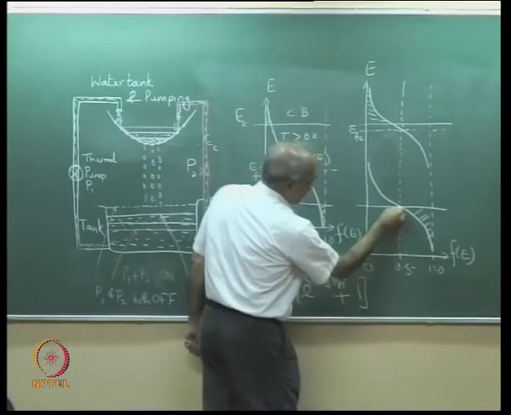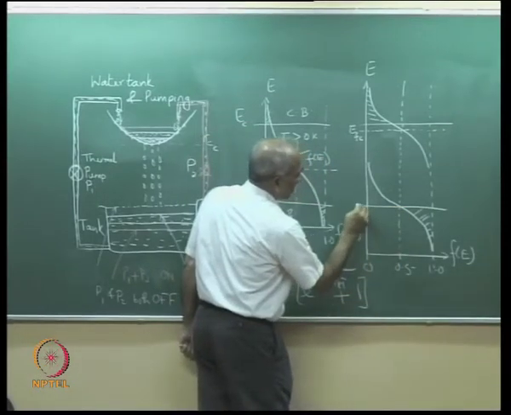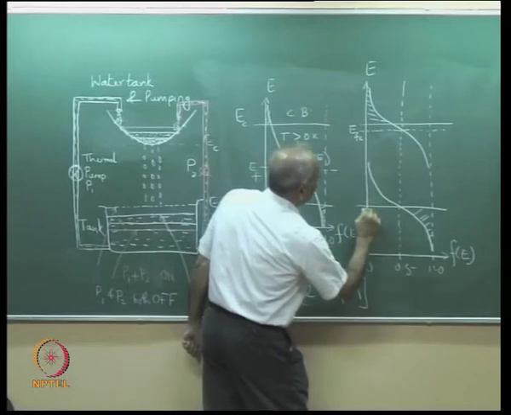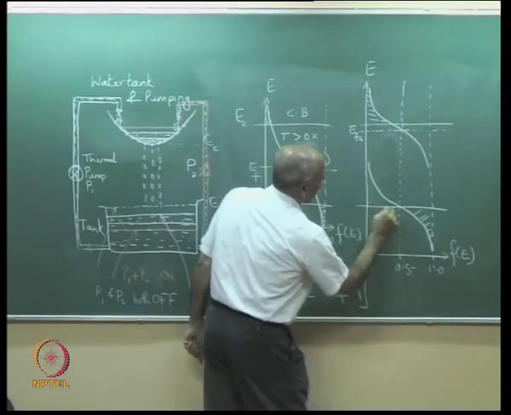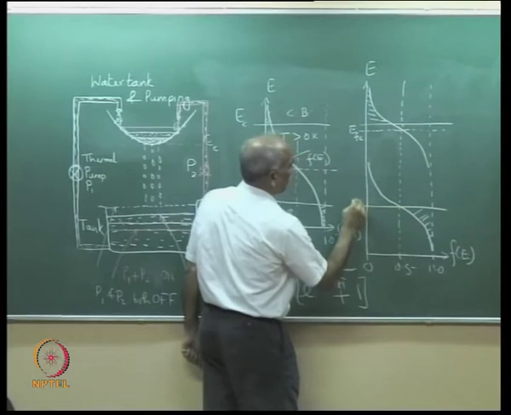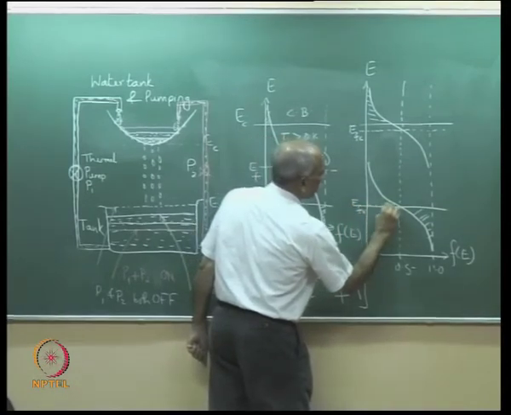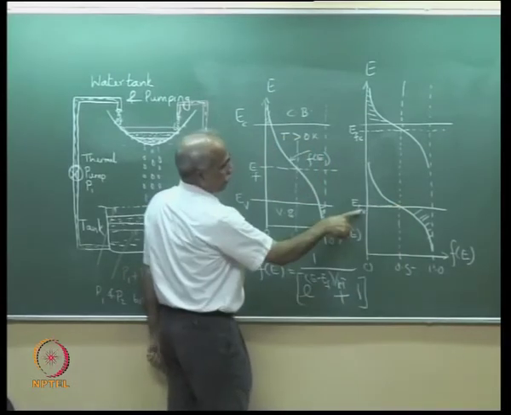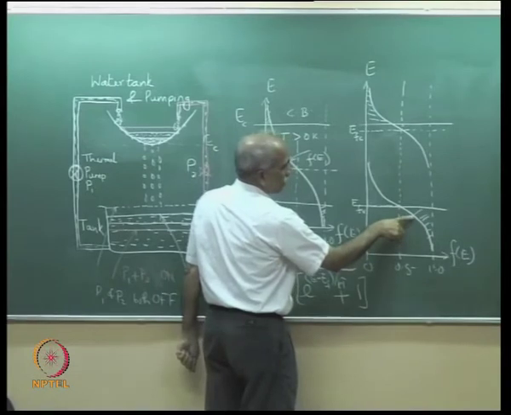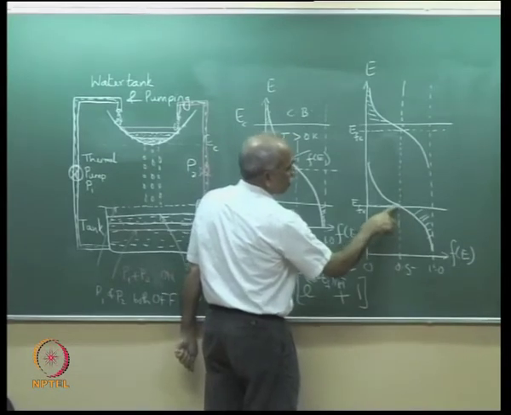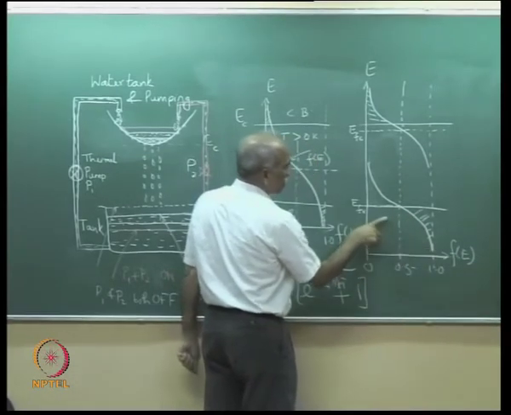Here, this is at 0.5. It so happens that it comes out at the same value, by chance it is at EV. So EFV is here. This function describes the occupation probability of electrons in the valence band.